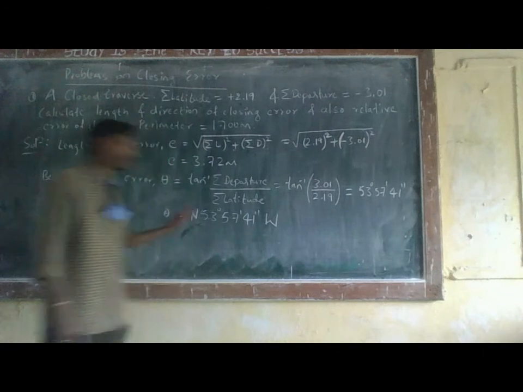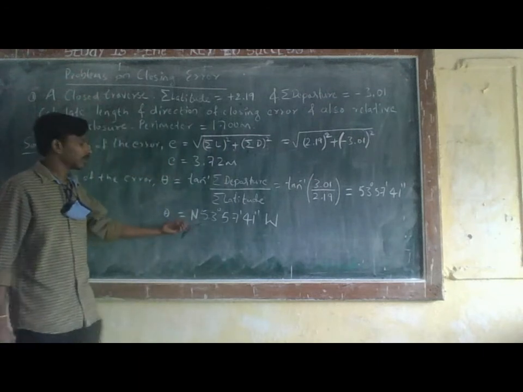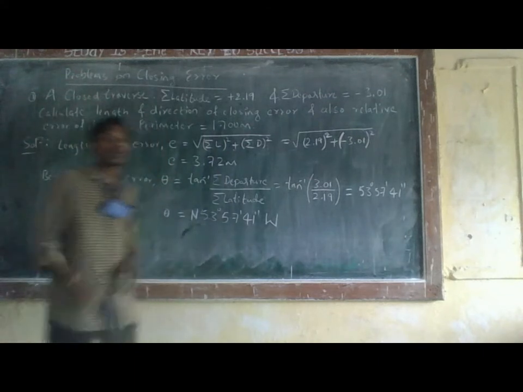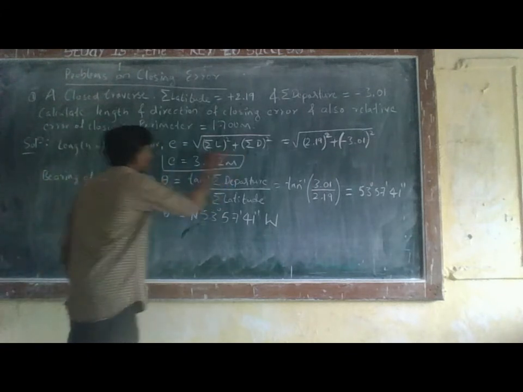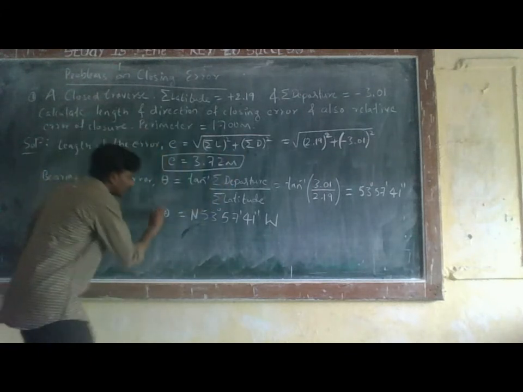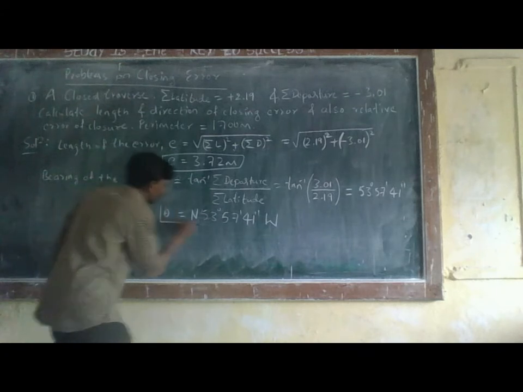So by using that we can decide the quadrant. So this is the length of the error and this is the direction of the error.